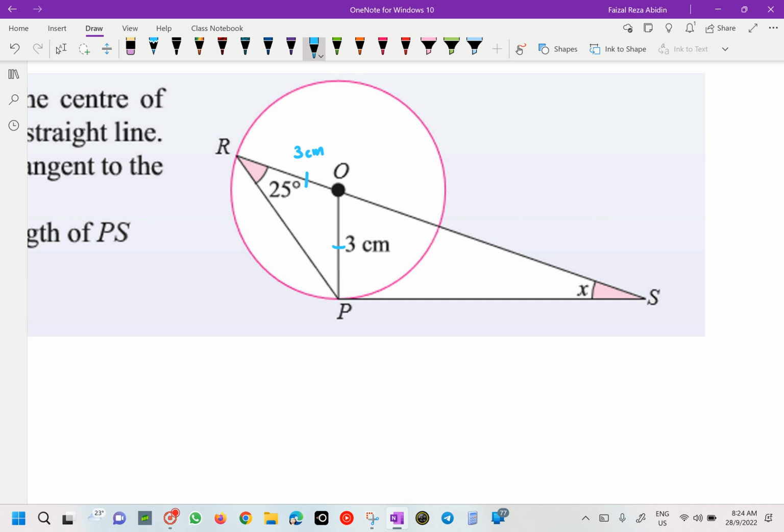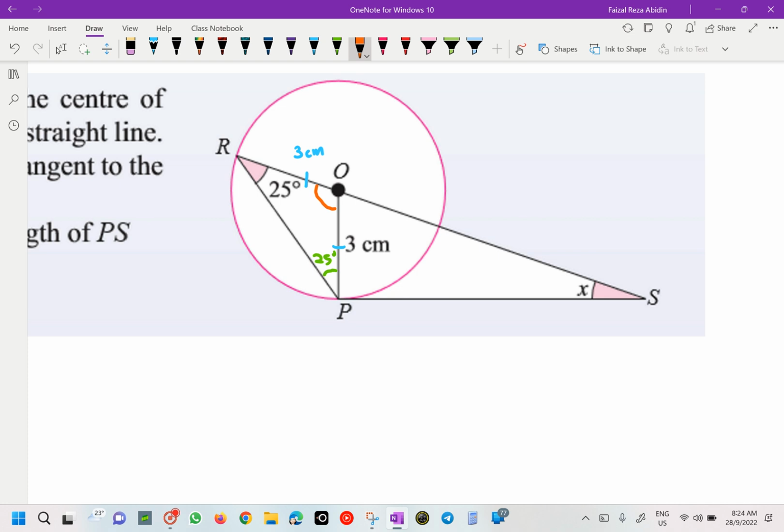OR also radius to OP there. So, we are going to relate with isosceles triangle. What does it mean by isosceles triangle? You have 2 legs there, it's going to be 2 same length. And also, how about the angle? Also going to be the same over here, 25 degree. Means, I'm going to find the angle at the center here. Isn't it?